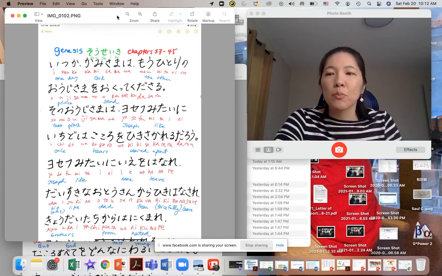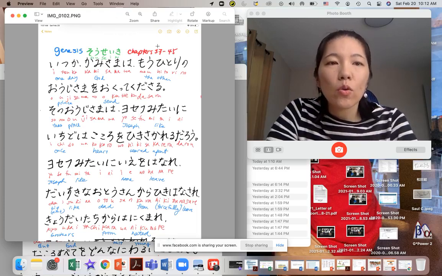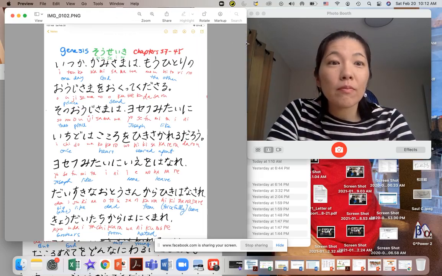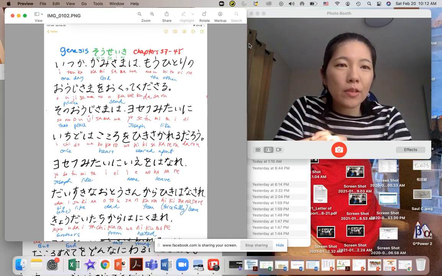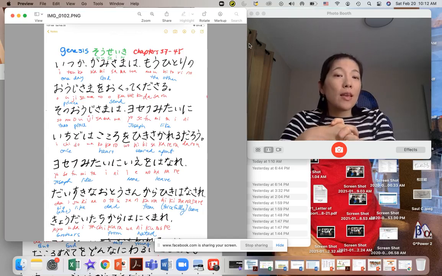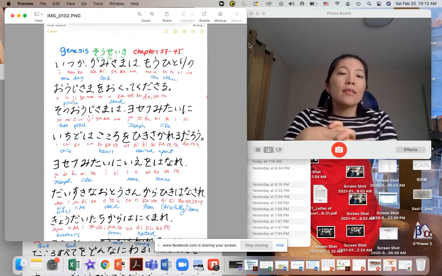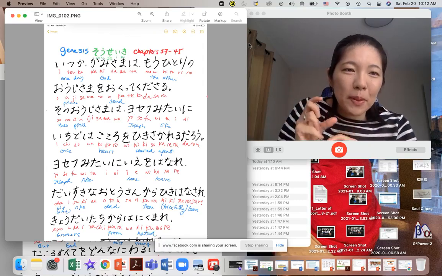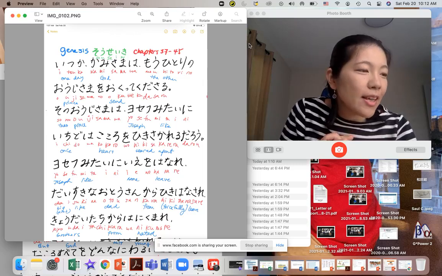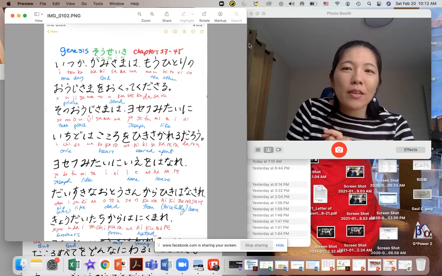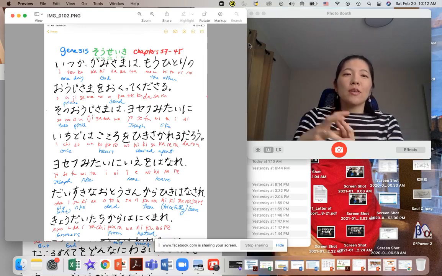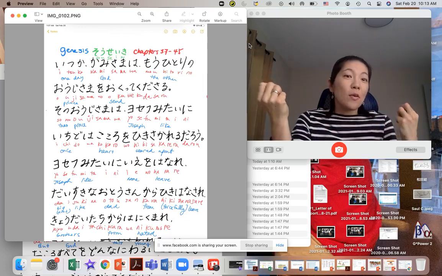This book refers to him as a prince. Family, they were apart for a while, but eventually the family was able to reunite and live closer together. We've been looking at this story piece by piece, but today is the last piece, and what the book highlights is the connection between Joseph's story and what's in the New Testament, which is Jesus' story.